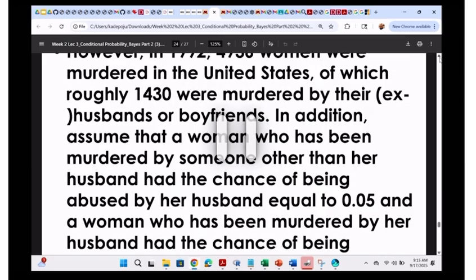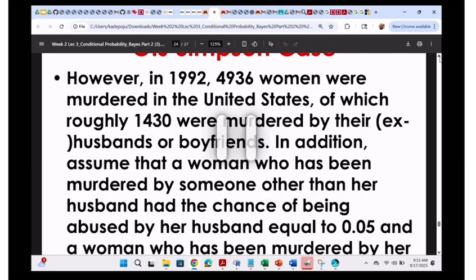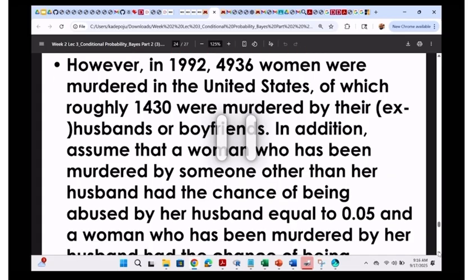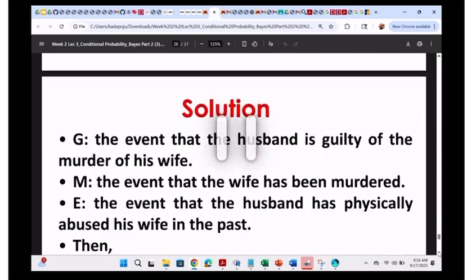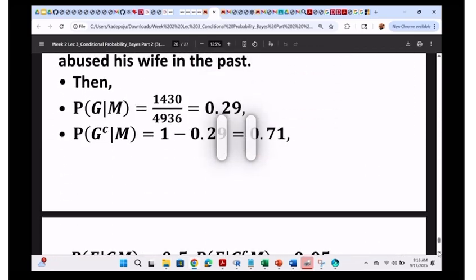In 1992, 4,936 women were murdered in the United States, of which roughly 1,430 were murdered by their husband or ex-husband or boyfriend. We got that statistic from here. We find the ratio: 1,430 divided by 4,936.